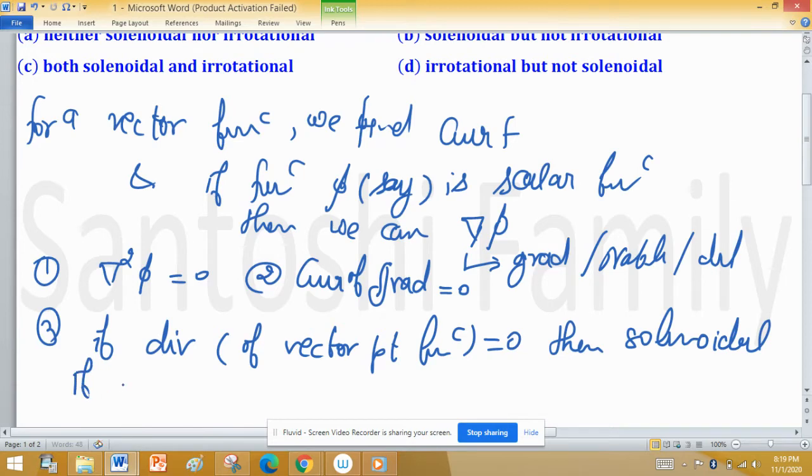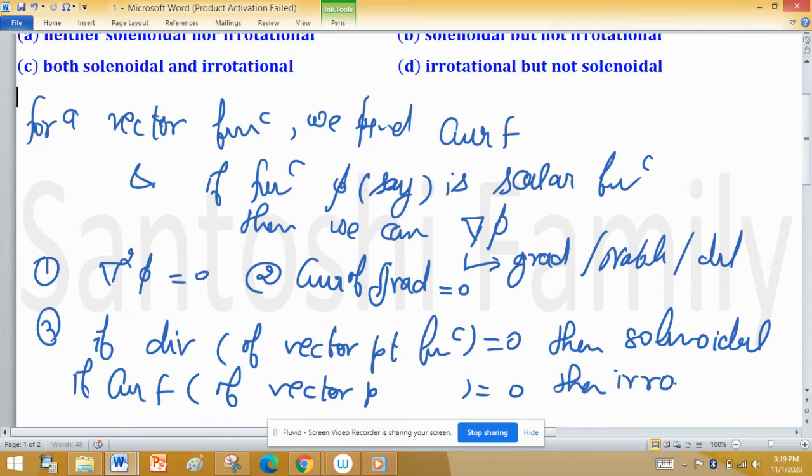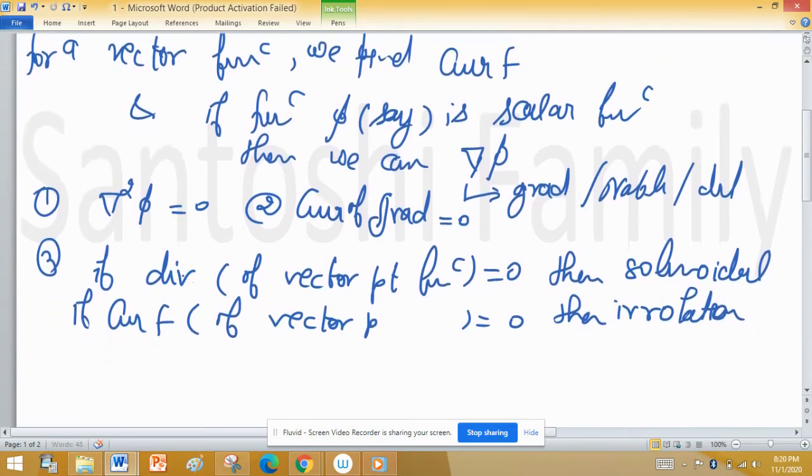If the curl of a vector point function is 0, then it is irrotational. That is, we have to check only these two points, for options 3 or 4.